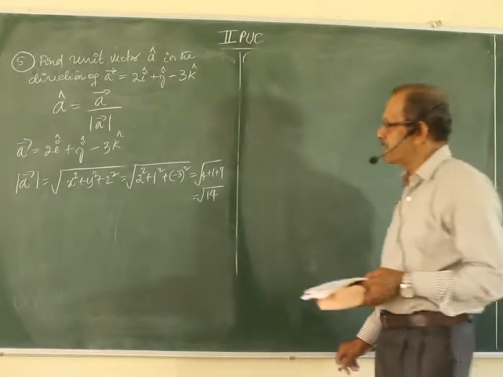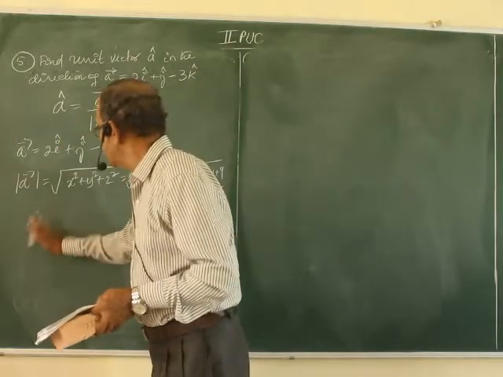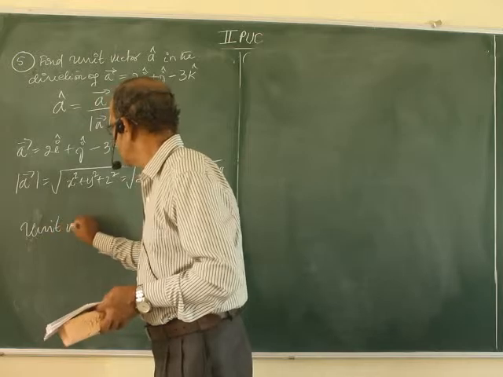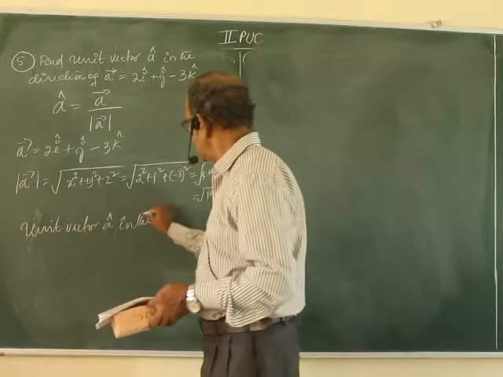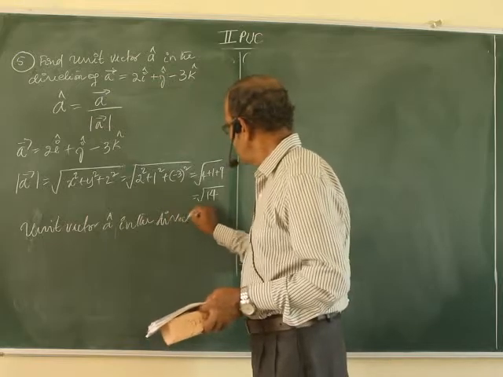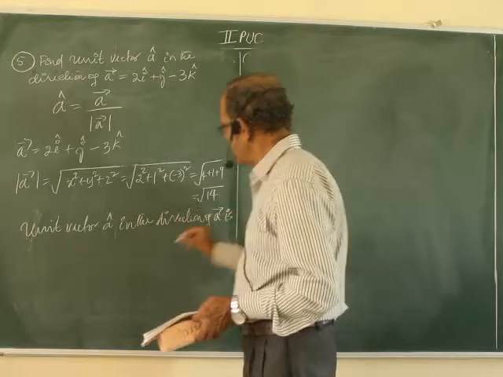Root 14 magnitude over. Now the unit vector A cap, unit vector A cap in the direction of A is, write the answer.